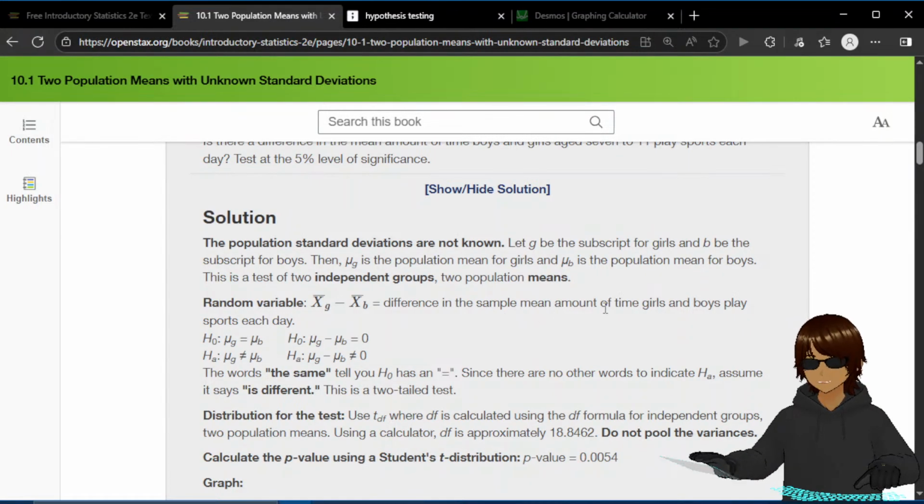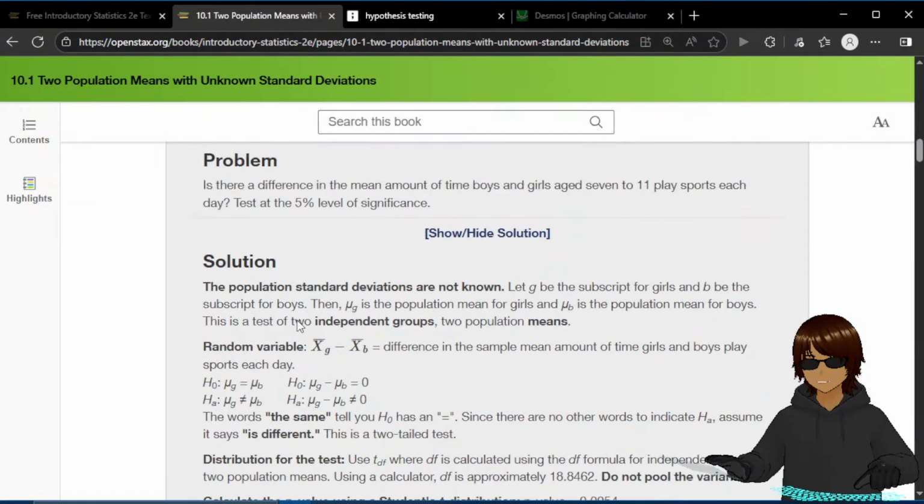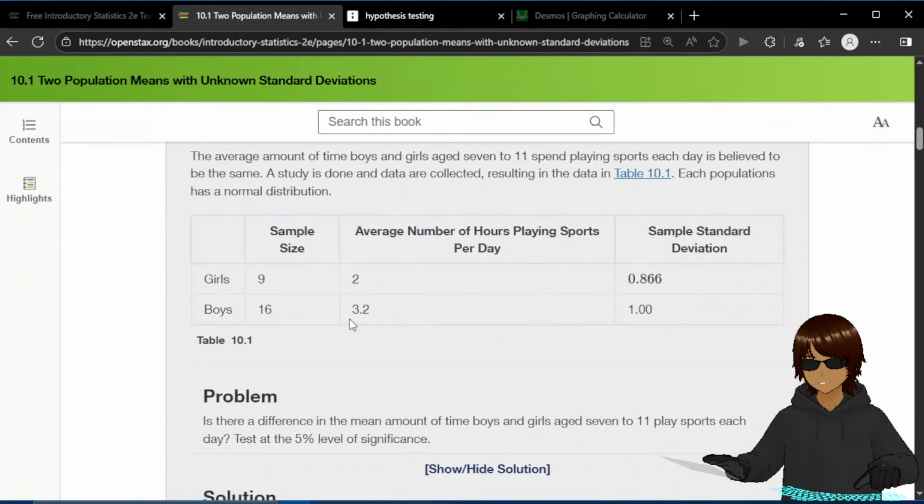Difference in sample mean amount of time girls and boys play sports each day. I have to do 3.2 minus 2, right?